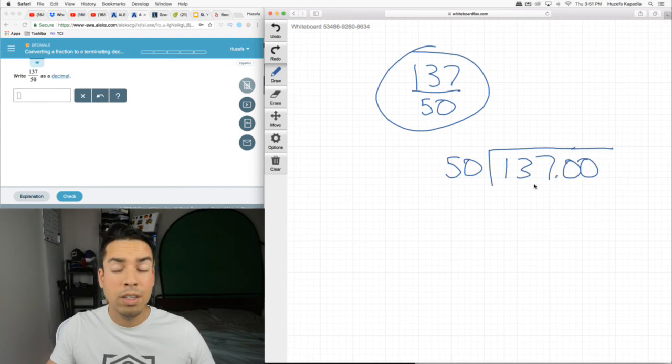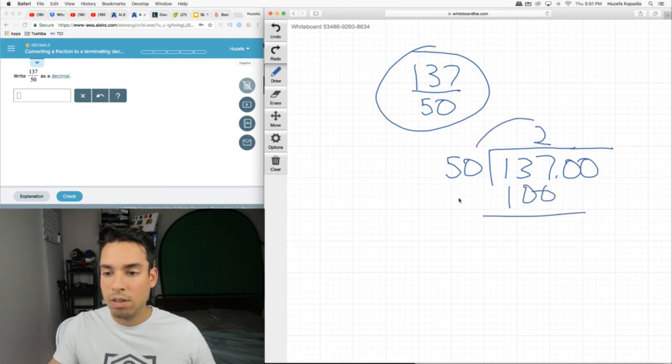There's other shortcuts that we could use, but let's just do the classic. So 50 goes into 137 two times. 2 times 50 is 100. Subtract 137 minus 100 is 37. Bring down the 0. 50 goes into 370. Oh, we forgot to put the decimal on top. Very important.